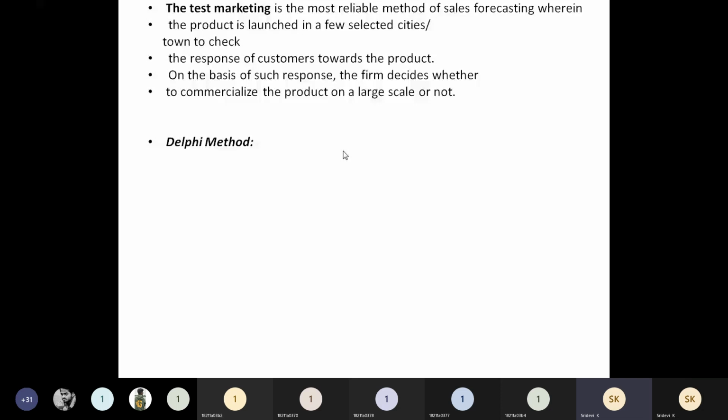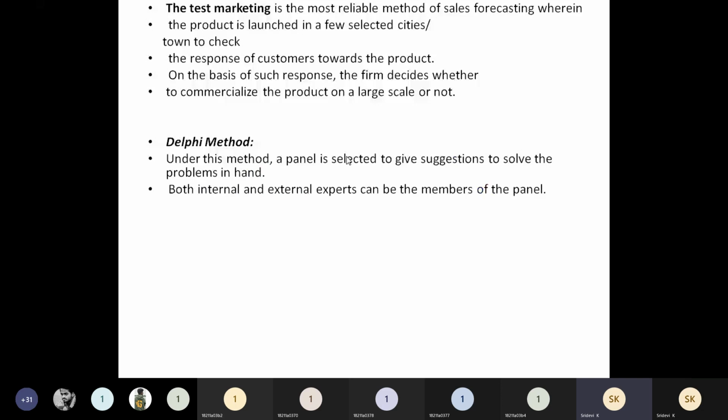Immediately these competitors will bring change in their product, and before we produce in large quantity, they will enter the market and grab that market. So such a disadvantage is there for test marketing. But still, this type of test marketing can be used as a modern sales forecasting technique.